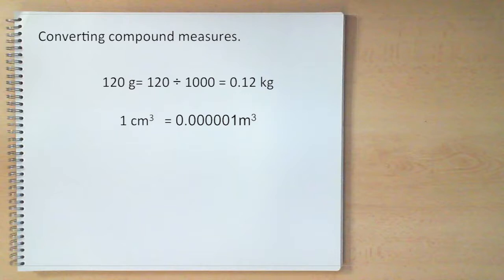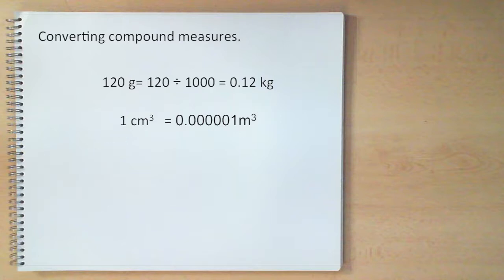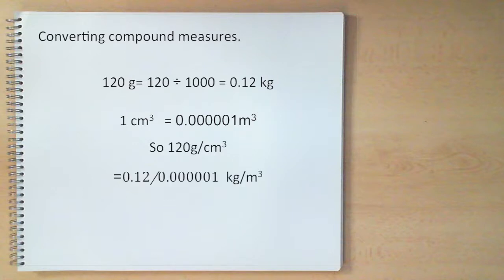So 120 grams per centimetre cubed can be converted into, well, the 120 grams we know is 0.12 kilograms, and then we also have to divide by the 0.00001 to get it into meters cubed, and that gives us a solution of 120,000 kilograms per meters cubed, and that's about 10 times the density of gold, so that's quite a dense substance.